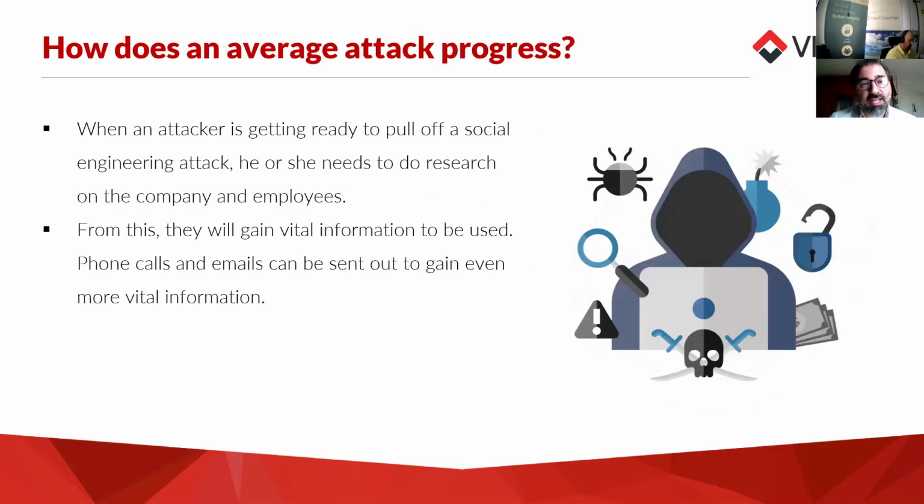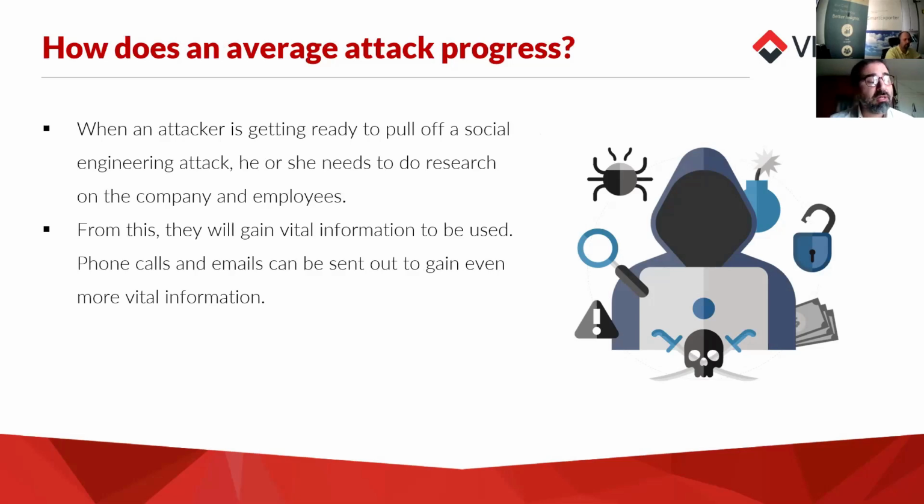When an attacker is getting ready to pull off a social engineering attack, he or she needs to do research on the companies and employees. We do research on social media, but there are also many white papers and forum posts. Sometimes the technical guys ask questions that they cannot handle, and they give a lot of information about the products they're using.